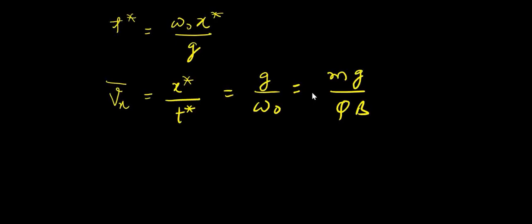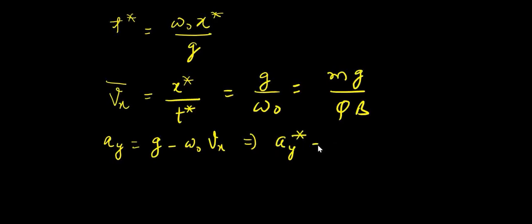But there was one more problem. We have to find the acceleration of the body at the deepest point. We can use the same result: ay is g minus omega naught vx. At the deepest moment, we write everything with a star, so ay star is g minus omega naught vx star.